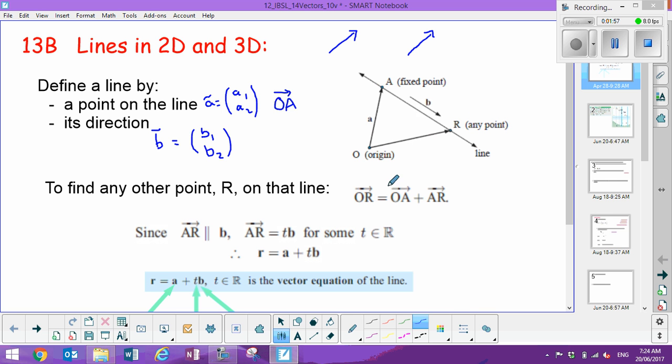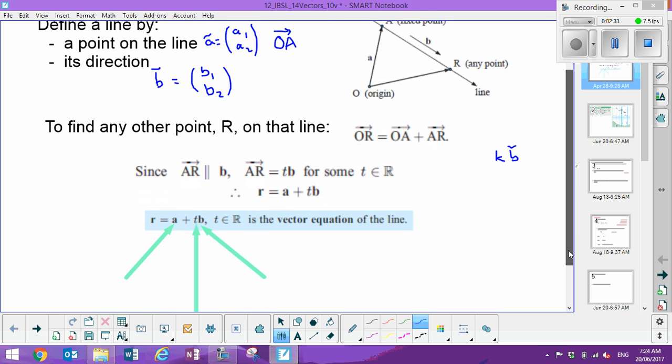We need a starting point, in this case A, and then move from A to R. Now we know that AR is parallel to B, our direction vector, so it's going to be some multiple of B to get from A to R. Before we've written that as a K, so K times our direction vector. In this case we're using a T. It doesn't matter, the K or the T is just a parameter.